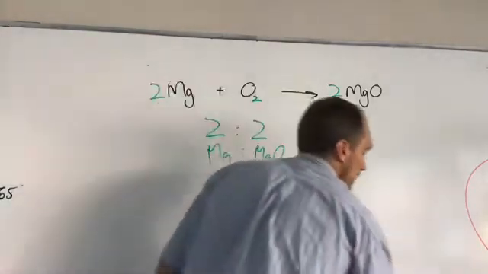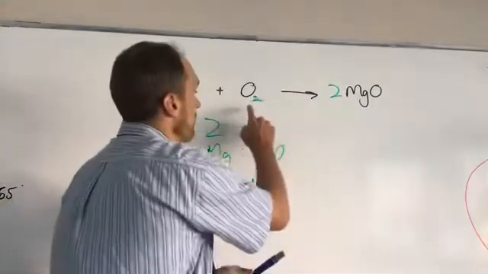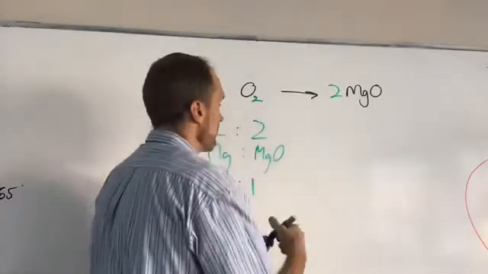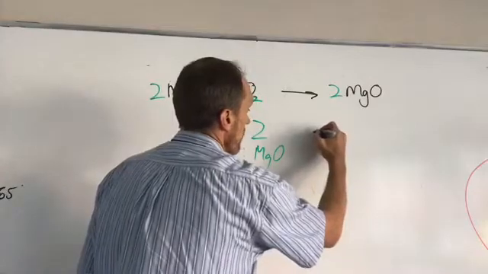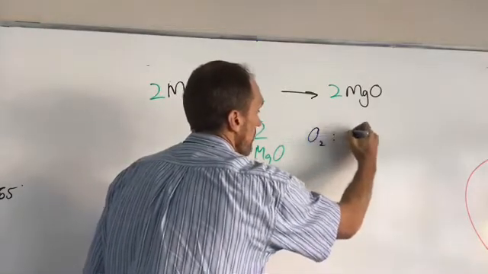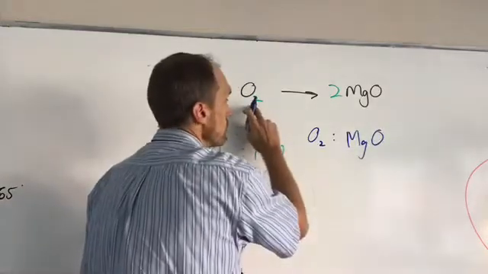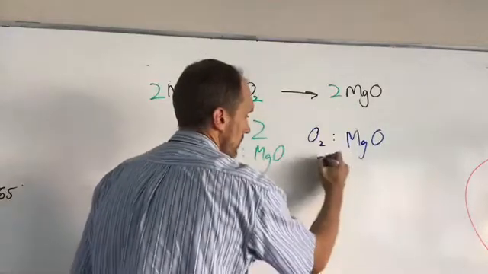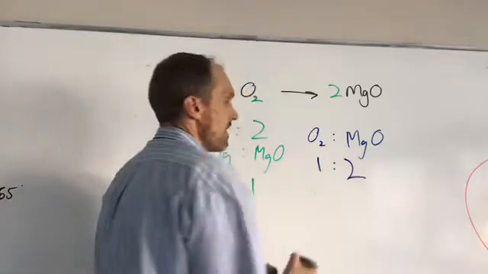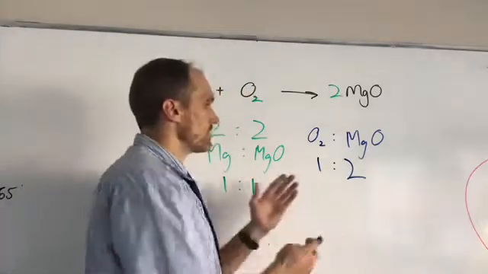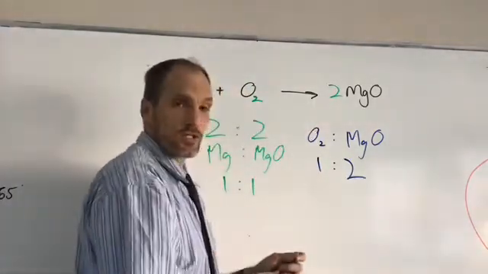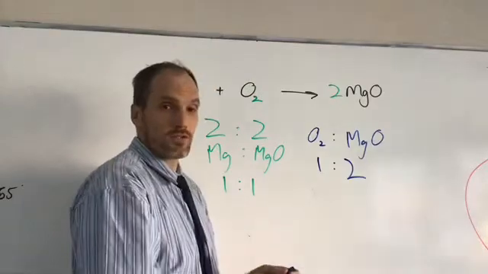However, if we were looking at oxygen to magnesium oxide, that is a 1:2 ratio. And when you are doing your calculations, you need to be aware of those ratios so that you can work with the values that we are speaking about.